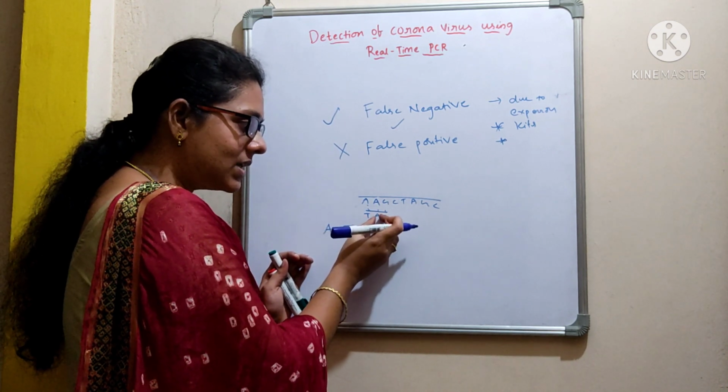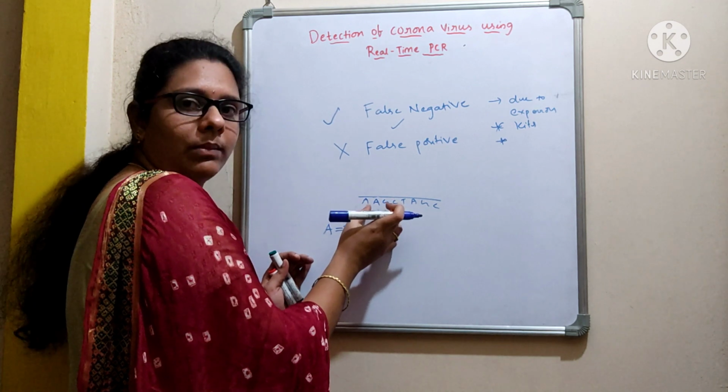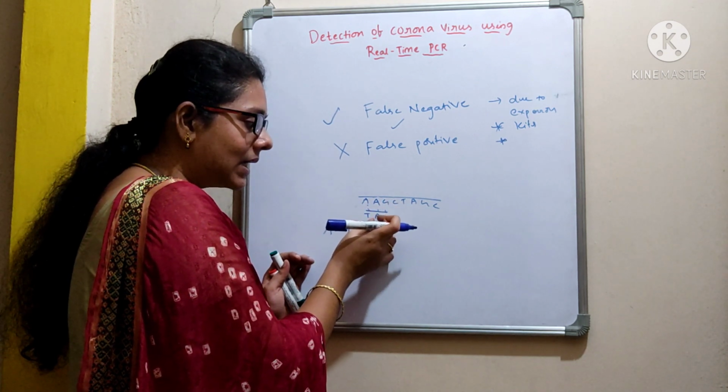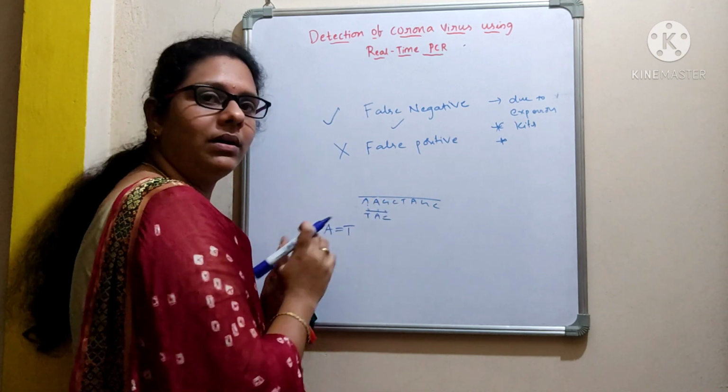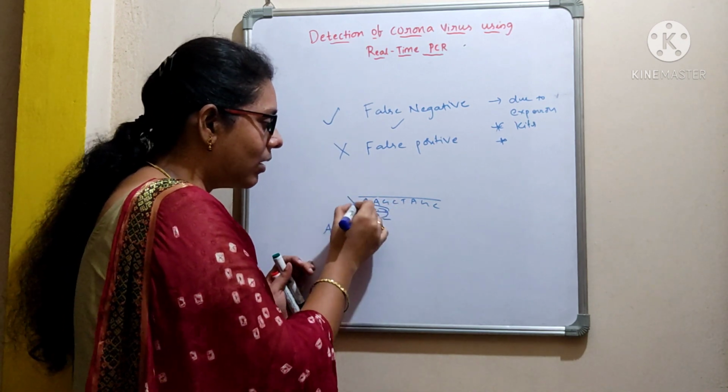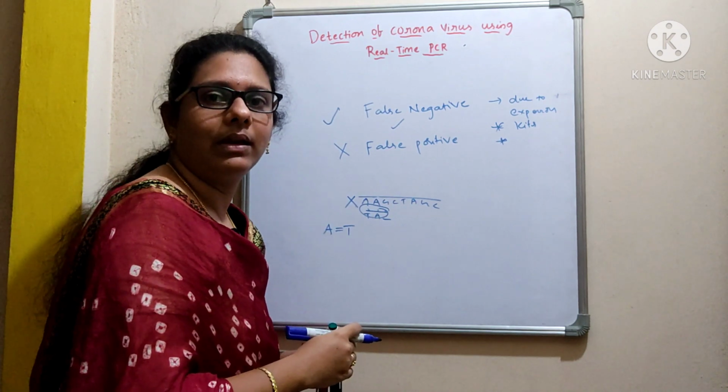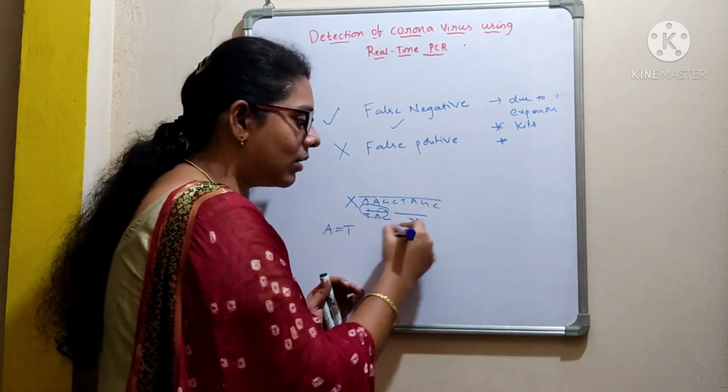So if there is thymine in the primer, then it will go and bind, but instead of thymine it carries adenine in the second place. So it is not complementary, so this primer will not bind with the template DNA, and the process will not take place.